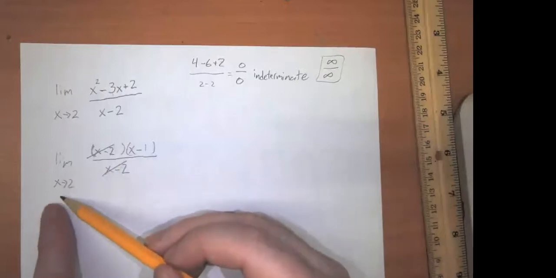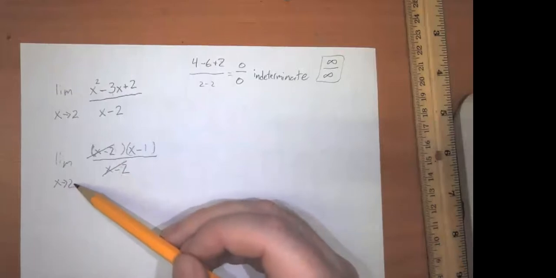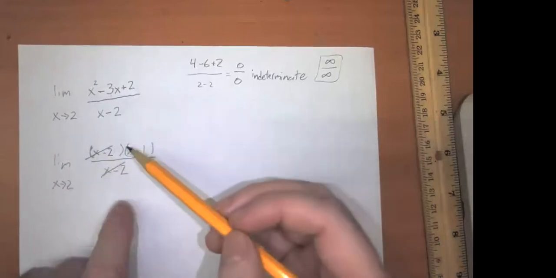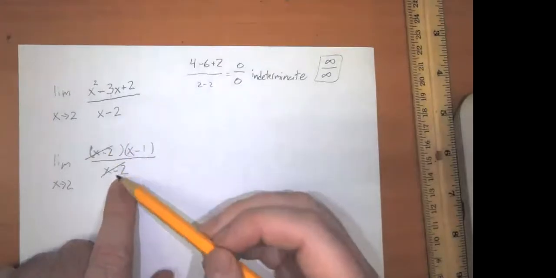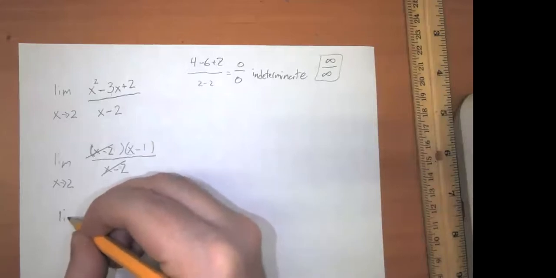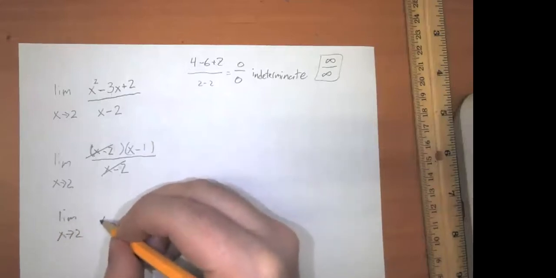And this is the limit as x approaches 2. So when I'm thinking about the limit at 2, I'm not thinking about the value at 2. I'm only thinking about the values near 2. And values near 2 that aren't 2 are not going to turn that term into 0. So this is the limit as x approaches 2 of x minus 1.